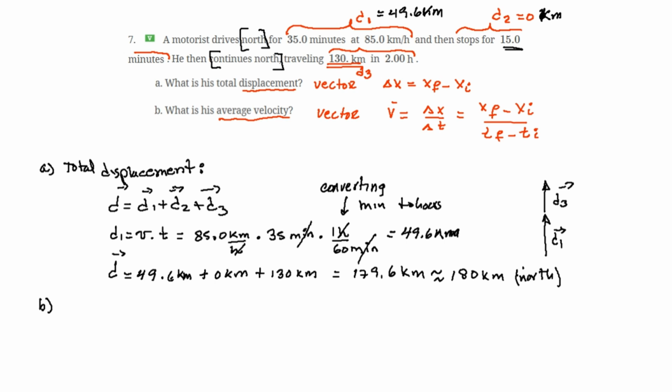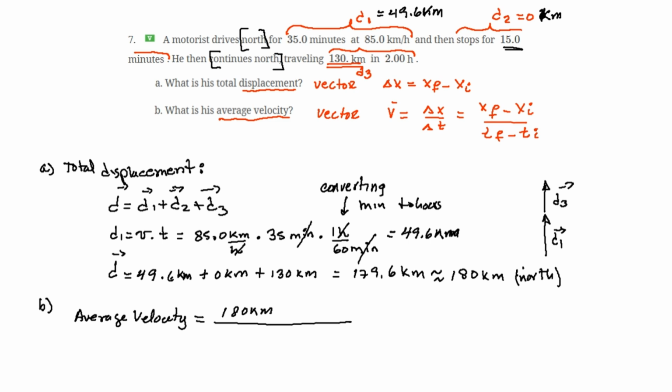It was just 15 minutes, 15 minutes is 0.25 hours. So now, when you calculate the average velocity, you say, okay, my displacement of 180 kilometers, divided by now all these times.